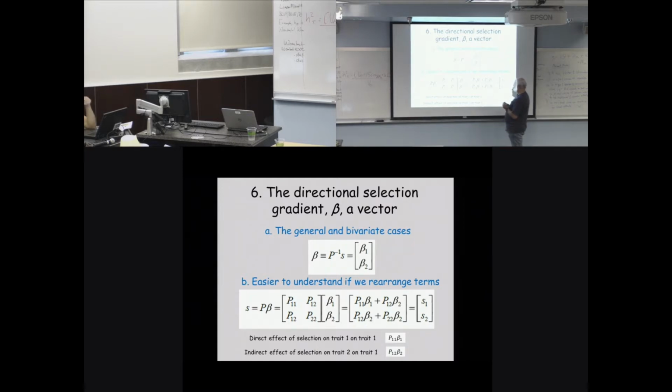Beta 1, let me redo the math. Lower left one. Oh yeah, this should be beta 1, right? Yeah, because it should be this times this plus this times this. So I put that in there on purpose. Okay, gold star. All right, I'm glad you're paying attention back there.